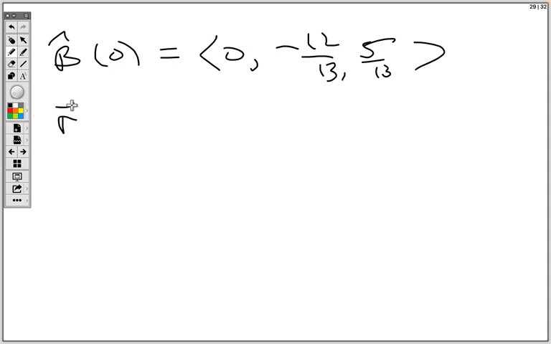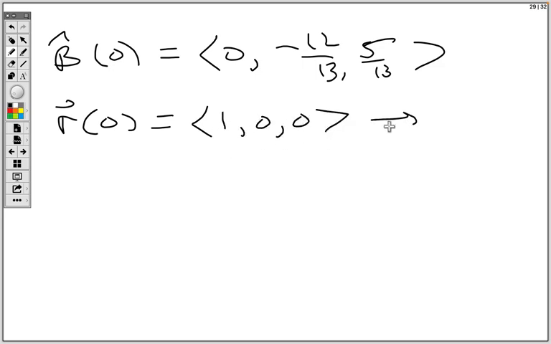And the point is given by r of 0, which is (1, 0, 0). So that corresponds to the point P(1, 0, 0). And we'll get the osculating plane, and hopefully we'll have a minute to graph it.